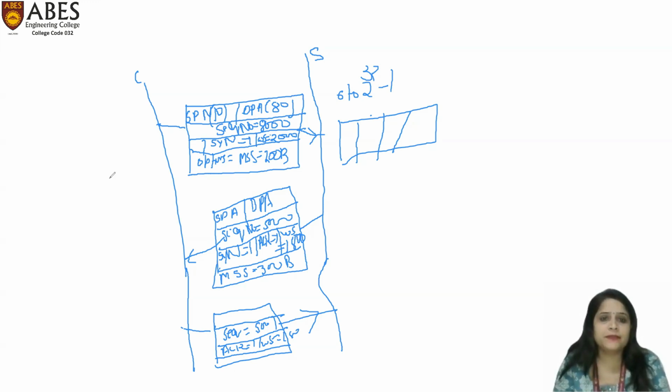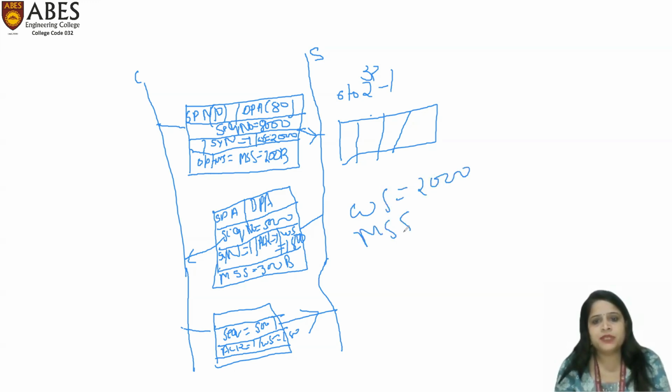In this connection establishment process, here we use two terms. The first one is the window size, that is 2000 bytes, and the second one is the maximum segment size, that is 200 bytes. What does it mean?